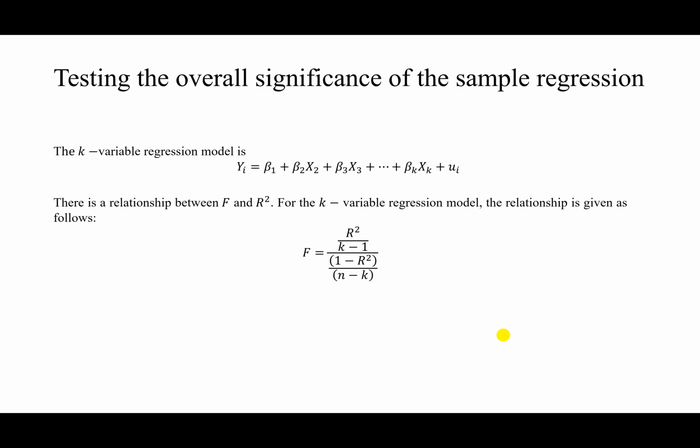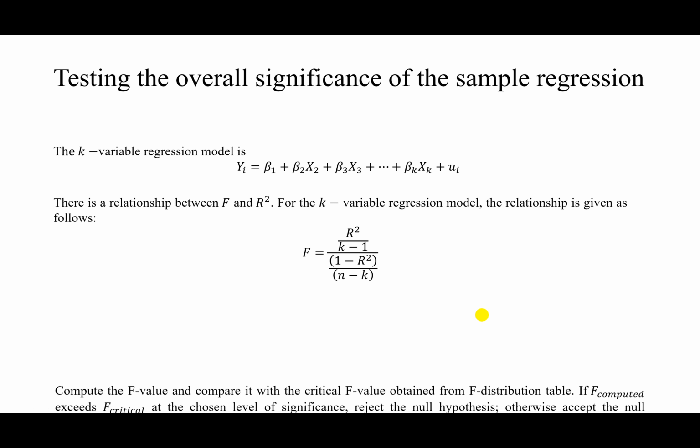So there is a relationship between F and R square. For the k-variable regression model, the relationship is given as follows: F is equal to R square divided by k minus 1, divided by 1 minus R square divided by n minus k. Here R square is the coefficient of determination of the multiple regression model.